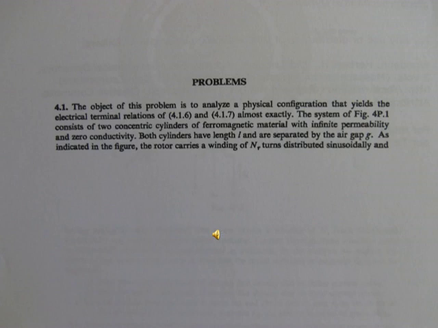So again we replace NS with NR, IS with IR, and psi with psi minus theta. This is the way we can determine the radial component of the air gap flux density.